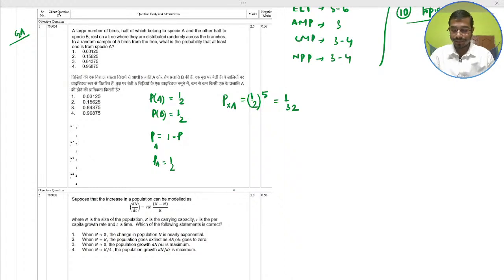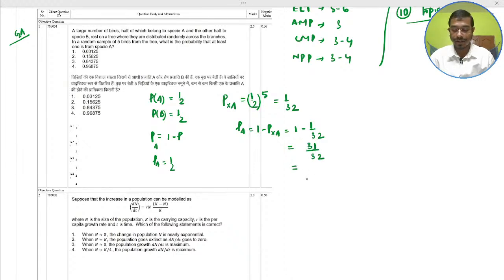So the probability that at least one bird is from species A is P equal to 1 minus P of not A, so 1 minus 1 by 32, that is 31 by 32.